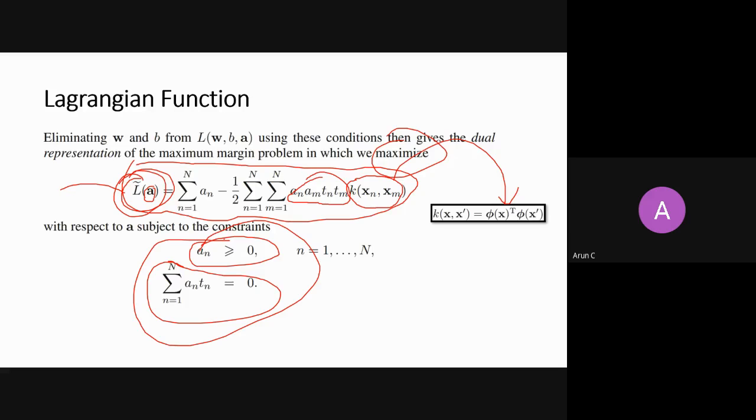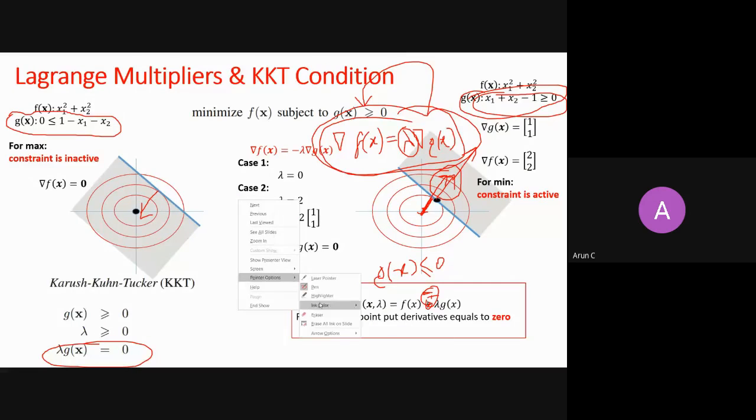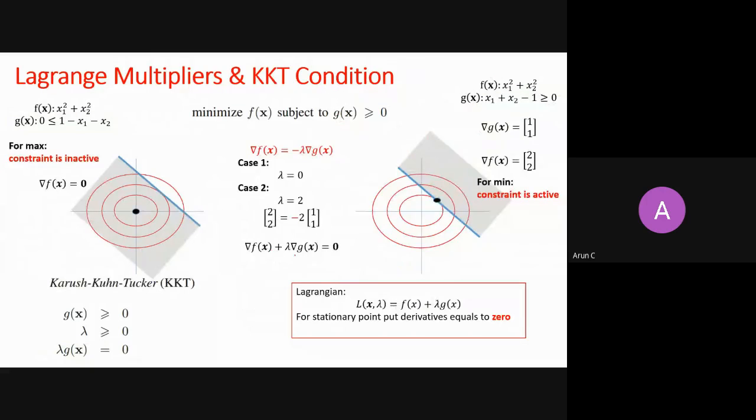Just to recall where this is coming from, we discussed it in my first class. Either my constraint is active, and then this g(x) will be equal to 0, because my g(x) was greater than or equal to 0. So g(x) is on the boundary line, which means the equality constraint is satisfied. Then g(x) equals 0 when my constraints are active.